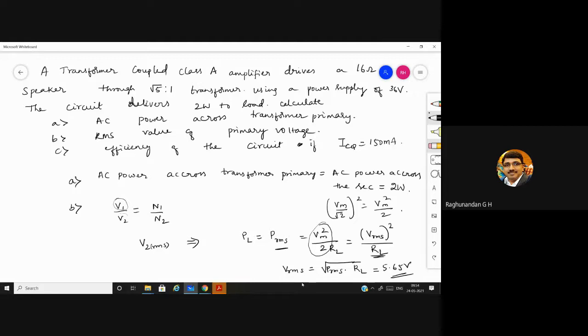Now, once you find VRMS, we know that it is V2 RMS. So now use this formula: V1 by V2 is equal to root 5 by 1. Root 5, I have given. Okay, root 5.